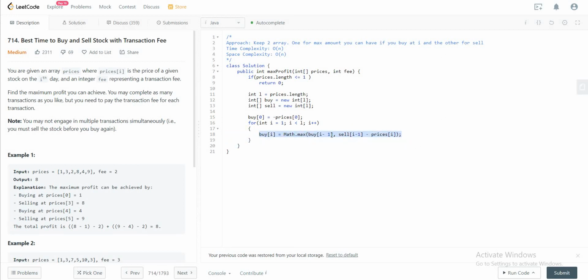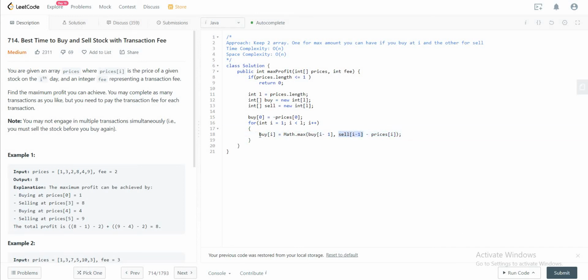Here, if you say the maximum is buy of i minus 1, that means you already have a max by not buying anything, but just holding on to the stock that you have from the previous transaction. Or does it make sense for me to buy after having sold something at time t minus 1?